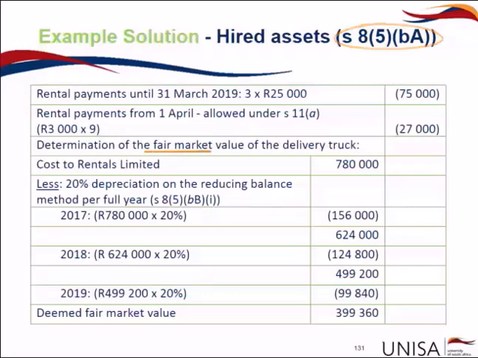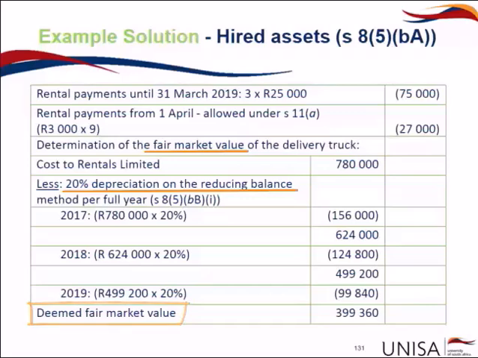In order to do that, we need to take the cost of that asset. Originally, it had a cost value to Rentals Limited of 780,000. We will reduce that value by 20% on the reducing balance method in order to get what we calculate as a deemed fair market value.